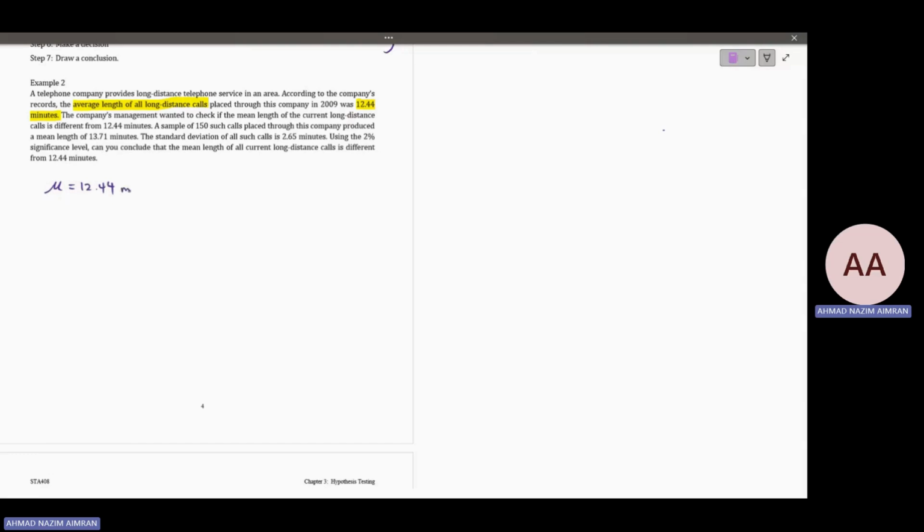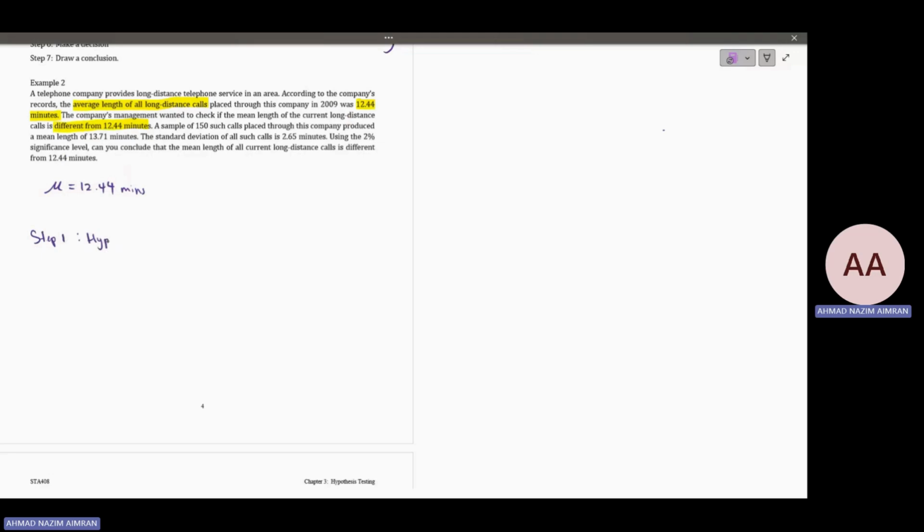So 12.44 minutes. And next, the company's management wanted to check if the mean length of the current long distance calls is different from 12.44 minutes. Okay, so this is actually our alternative hypothesis. Therefore, step one is the hypothesis.